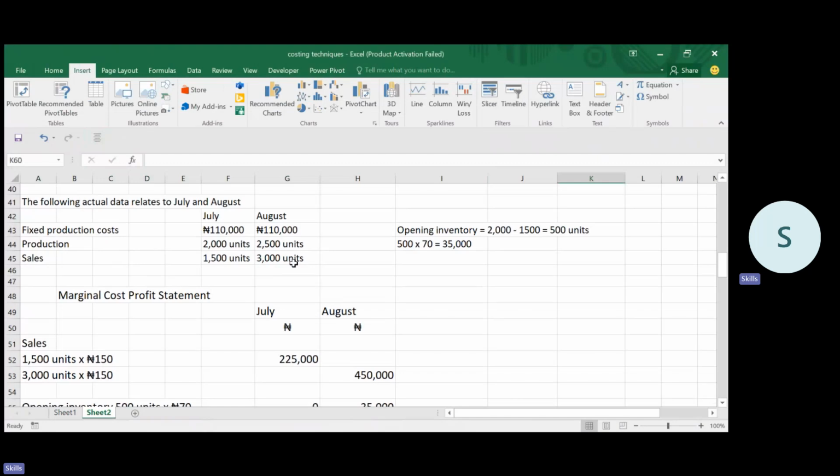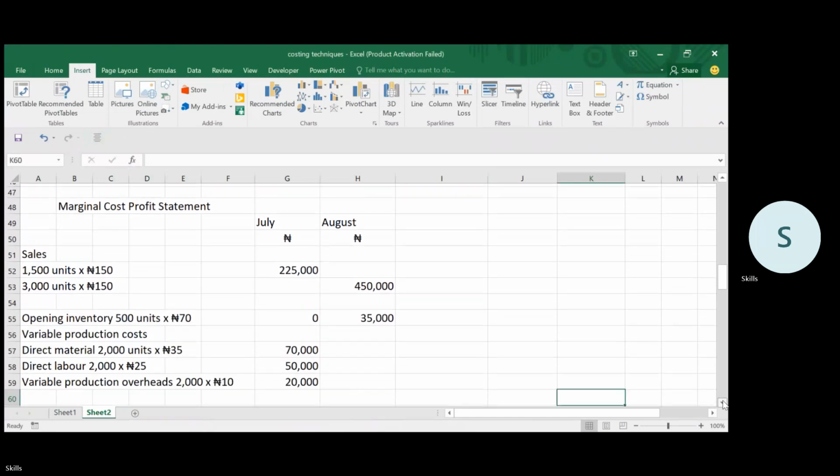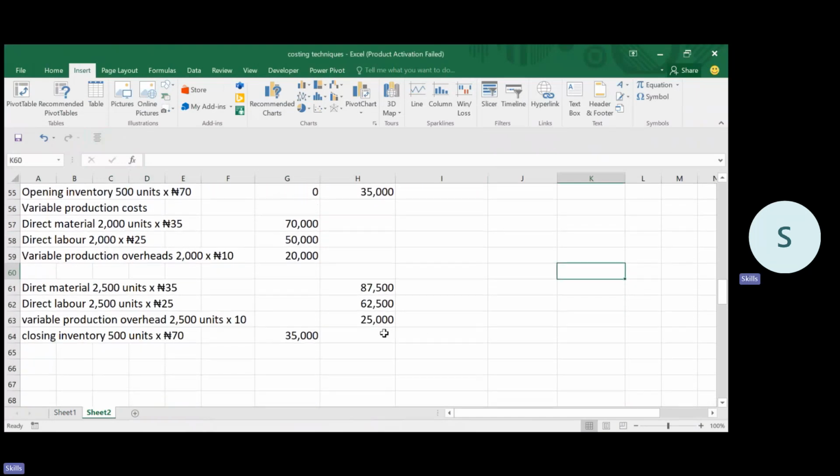We have an opening stock of 500 units and we produce 2,500 units, which makes 3,000 units, and we sold 3,000 units in August. So the closing inventory in August is nil.